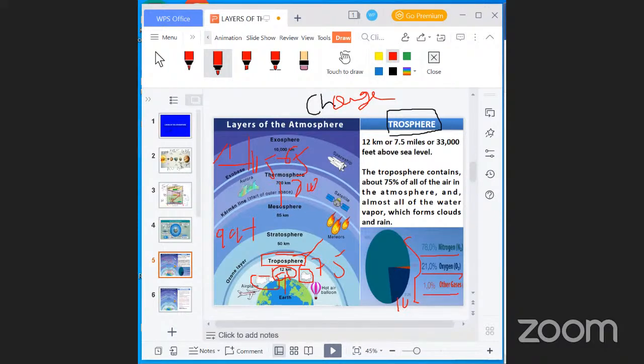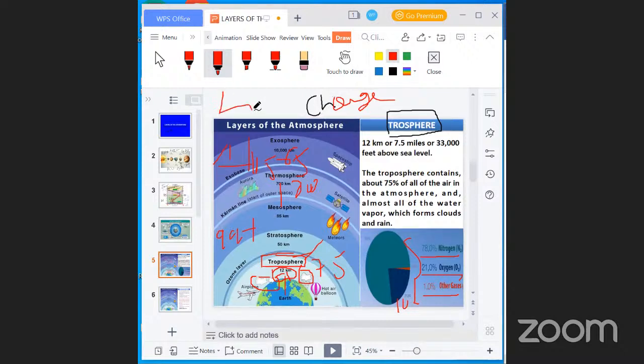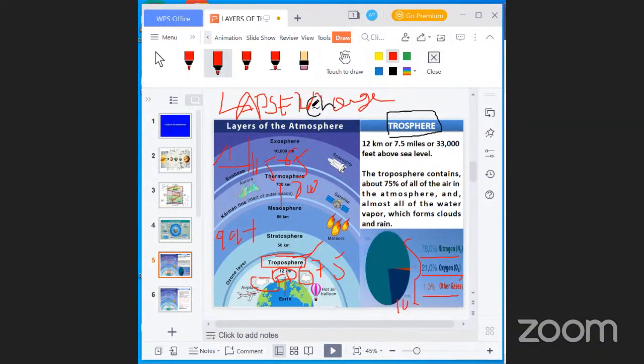That is also known as the lapse rate. L-A-P-S-E, lapse rate. Okay.